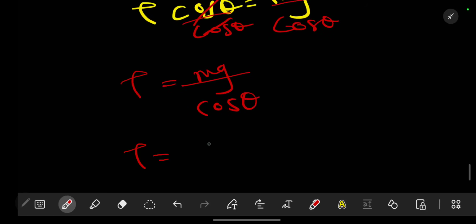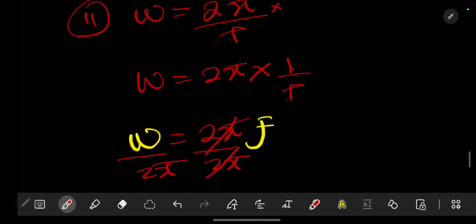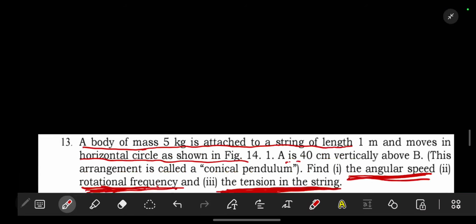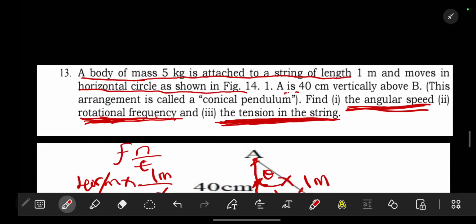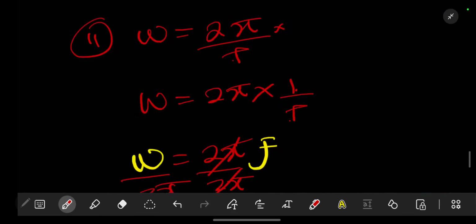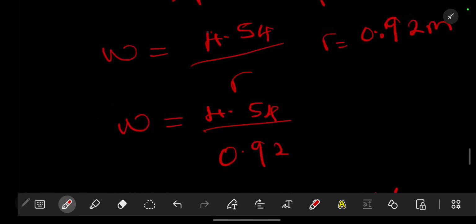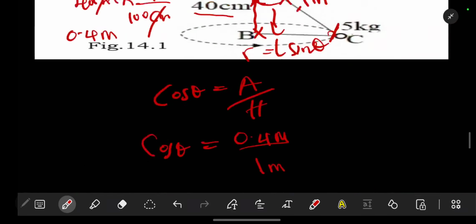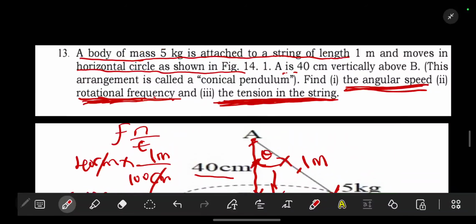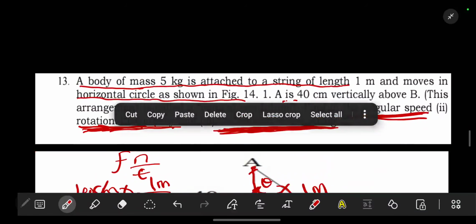So our tension should be equal to, what is our m? Our mass is 5 kg, so we are going to say our 5 kg times 9.8 over the cos of, what is our angle?